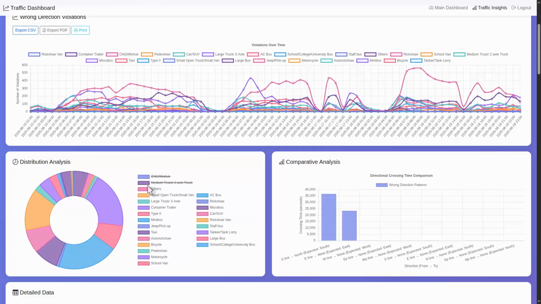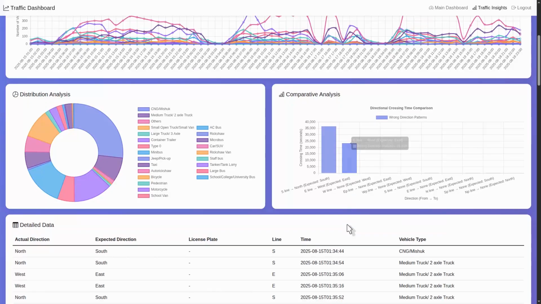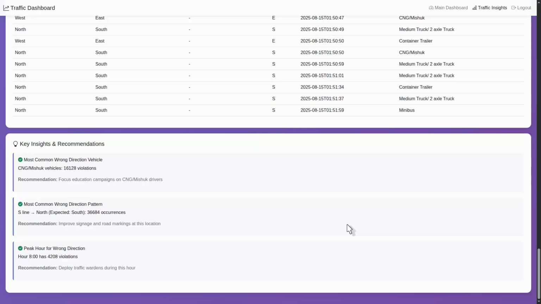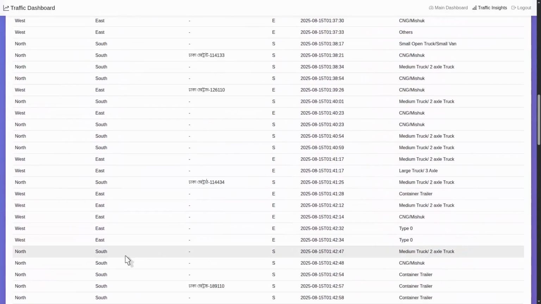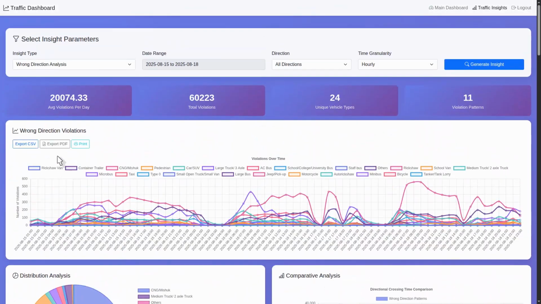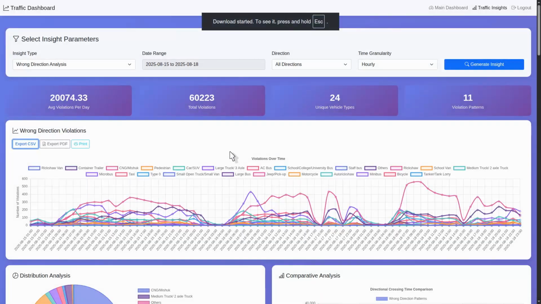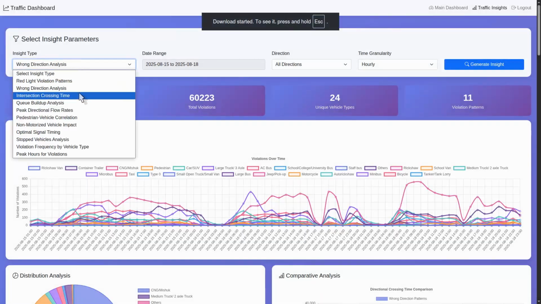For example, we toggle the truck, and we also see the south to north has the most wrong direction patterns, and hour 8 is the peak hour for wrong direction vehicles. So this is very useful insight, based on which we can export the data. We can also print it.